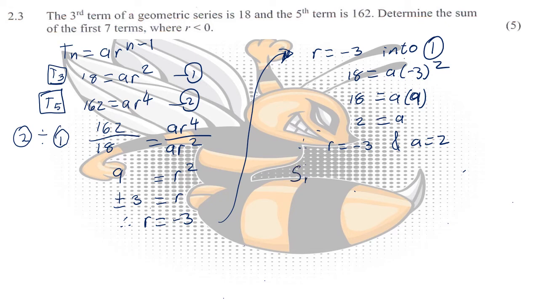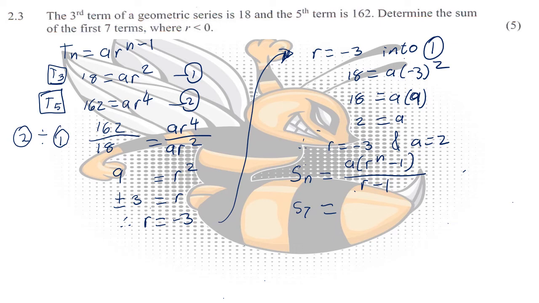So we are going to use Sn equals, and this is a geometric series, so we use a times r to the power of n minus 1, divided by r minus 1. And we know that we want the sum of the first 7 terms.